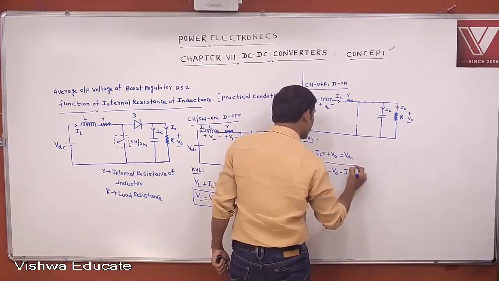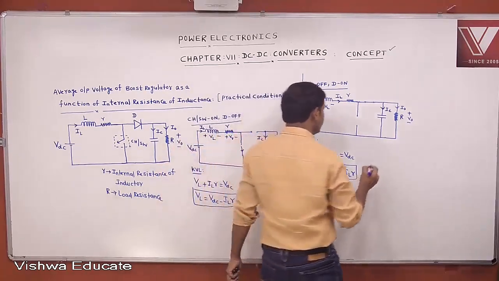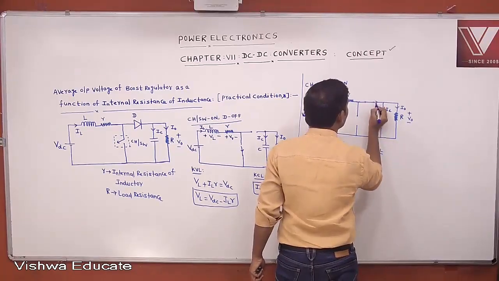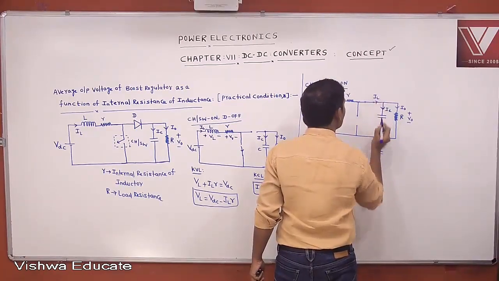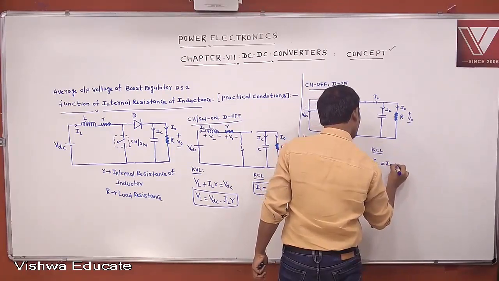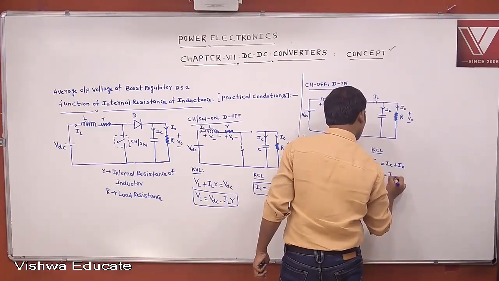This is during the off state. What is KCL, you tell me? KCL is, this current is IL. Then IL equals IC plus I0. Then IC equals IL minus I0.